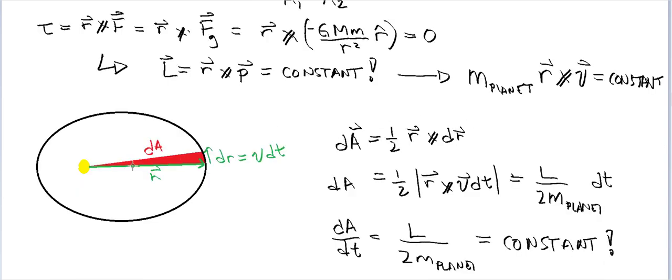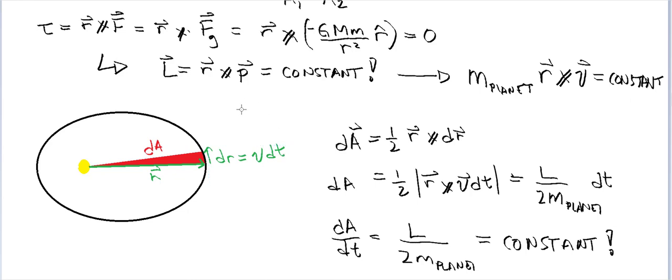Here is my r vector connecting the sun to the planet. Then this incremental bit of area, dA, is just going to be half times r times dr. And it's actually r cross dr. But we could say that dr is just going to be v dt, right?